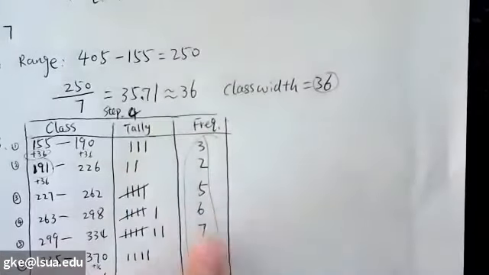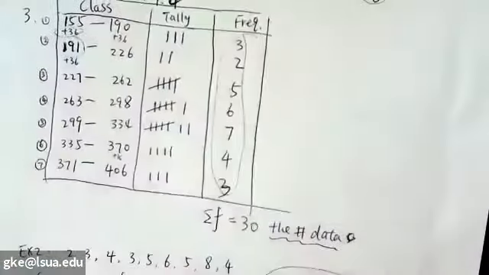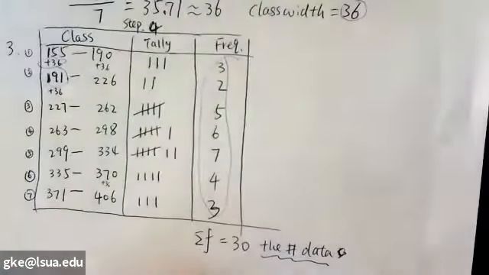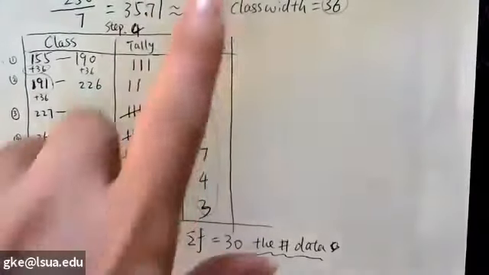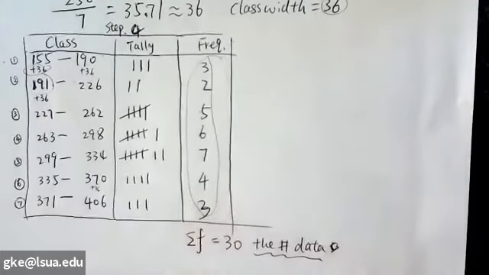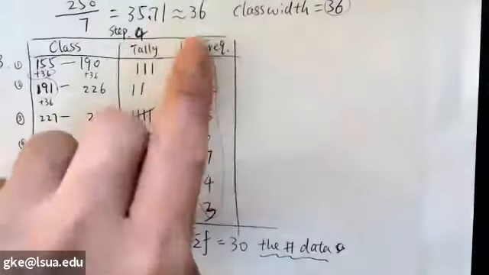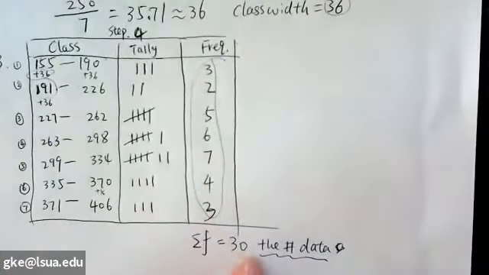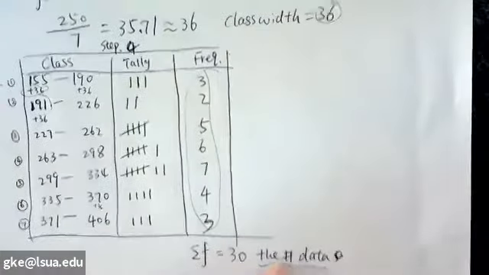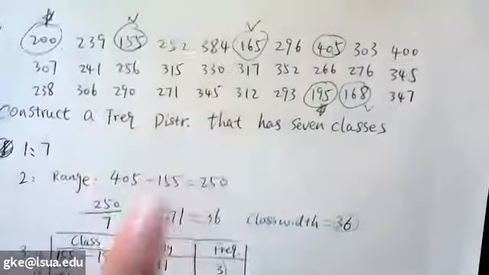And in the last, I want to mention the summation of the frequency always equals the number of data. That's a big important property. So the summation of this column always equals the number of data. You can count it. They are 30 numbers.